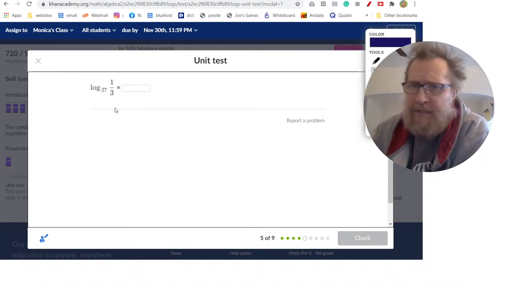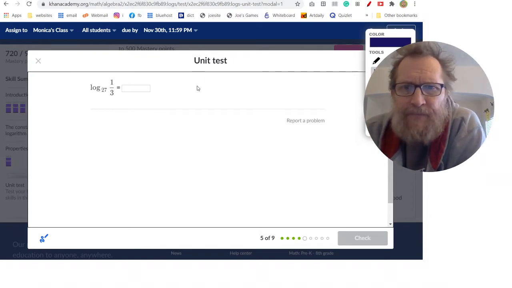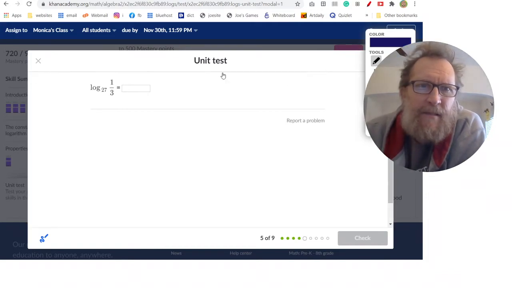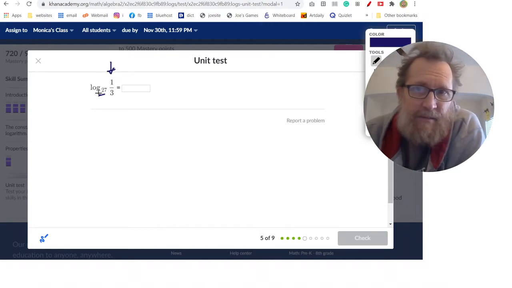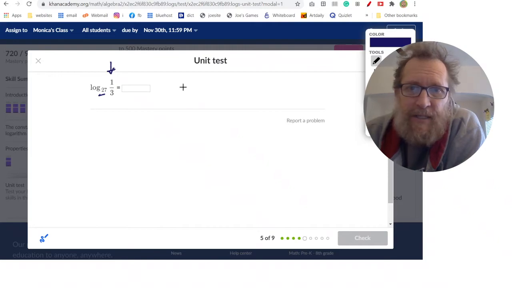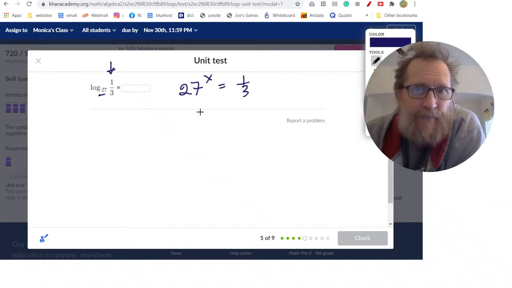Okay. So here, a log is the exponent that you're raising the base to in order to get that thing. So with this one, you could puzzle it out, but let's just go ahead and change it into exponential form and say, okay, well, this means 27 to the x equals 1/3, right?